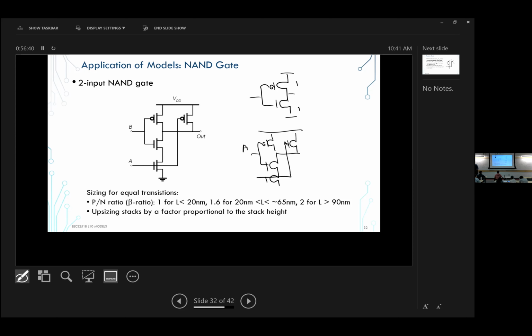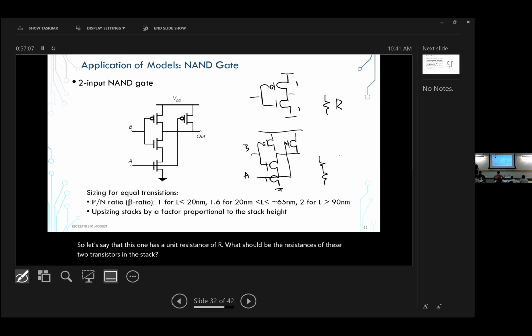This is B. So to make a stack of these two transistors at the same resistance as a stack of one, let's say that this one has a unit resistance of R, what should be the resistances of these two transistors in the stack?